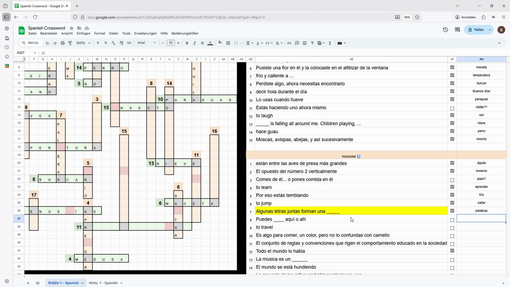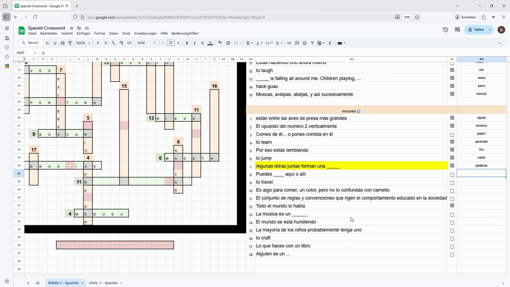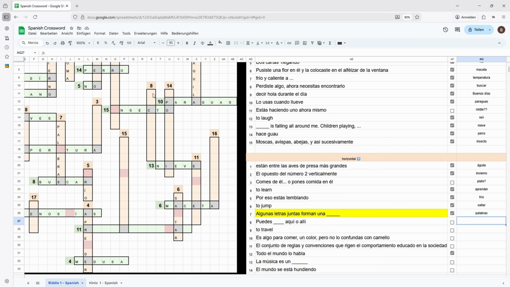So, "puedes aquí o ahí." I'm not sure what. You can it here or there. You can basically put any word in there. You can eat it here or there. You can find it here or there. How long should the word be? 1, 2, 3, 4, 5, 6, 7, 8, 9.